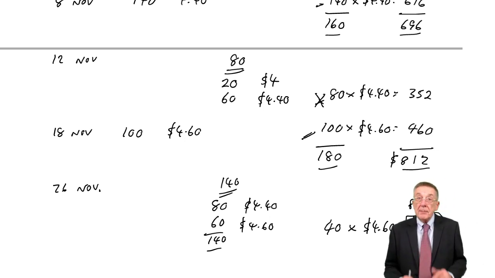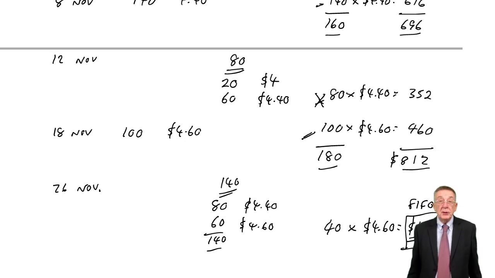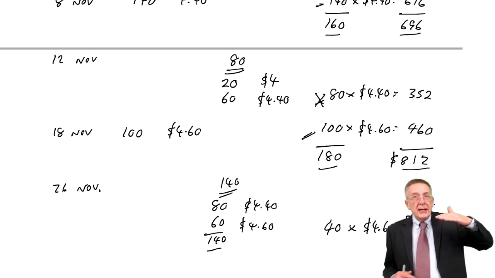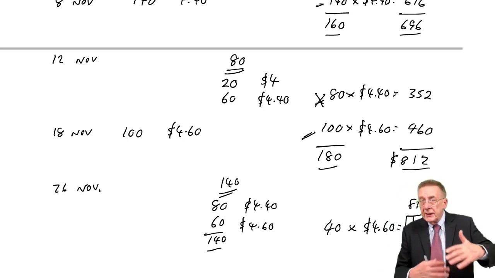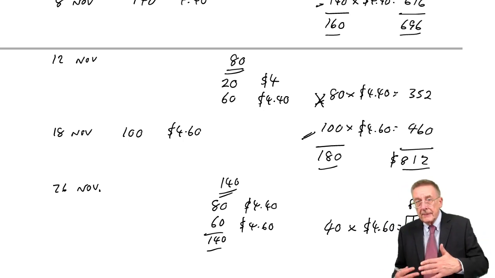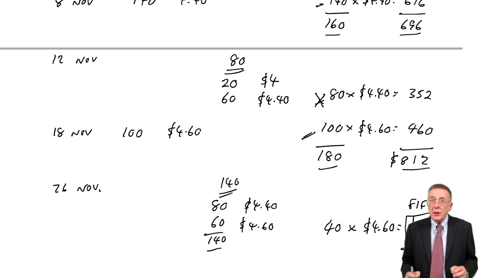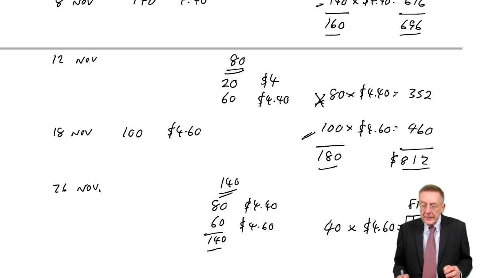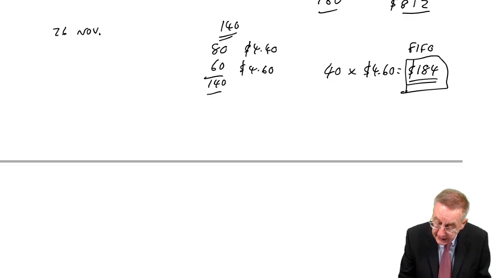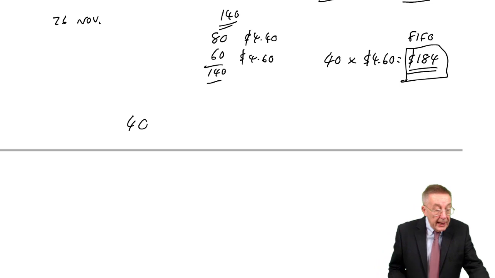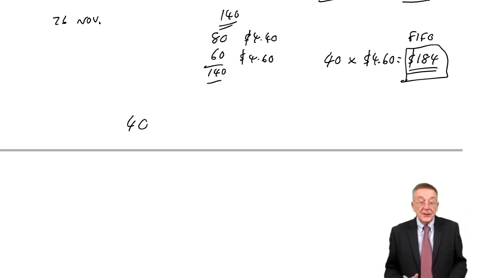Now, I hope that made sense, but in fact, FIFO you can do very, very quickly indeed. Because, think about it, if you're always issuing the oldest ones first, any that are left at the end must be the newest ones. And so we knew from the very beginning that there were 40 units left. They must be the most recent purchases.